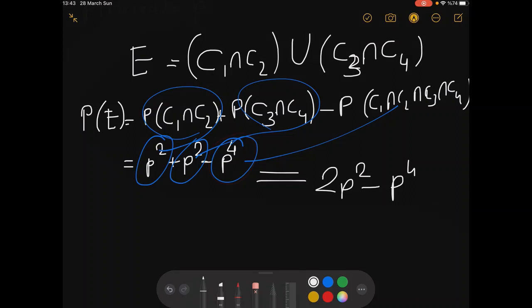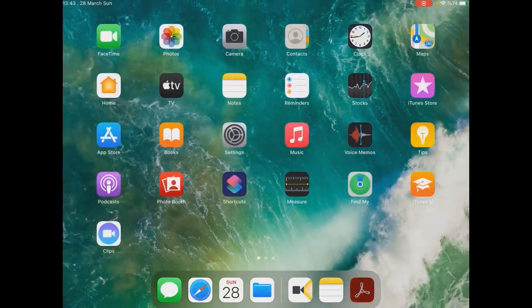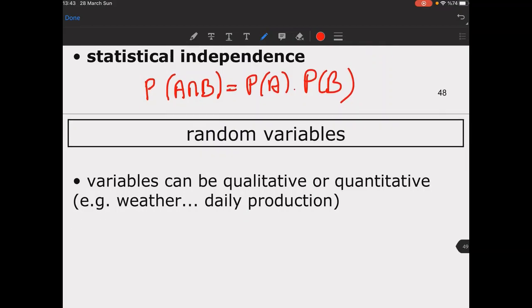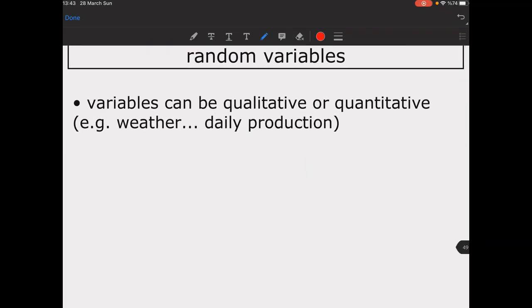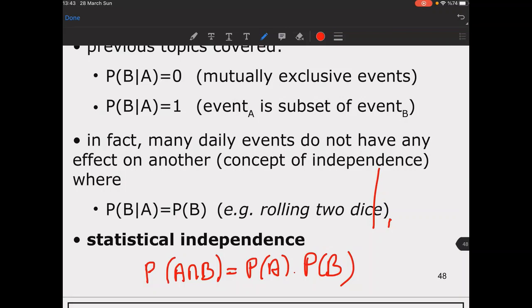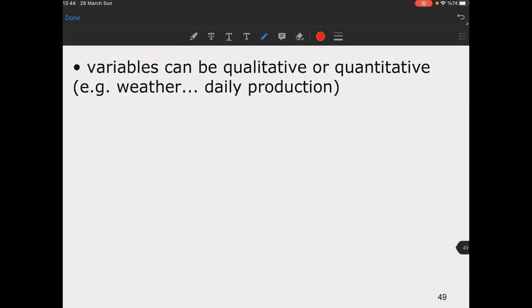So this is the idea about the random variables here, where you can have the concept of independence.